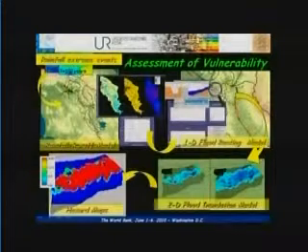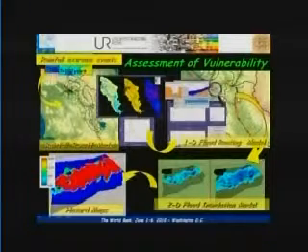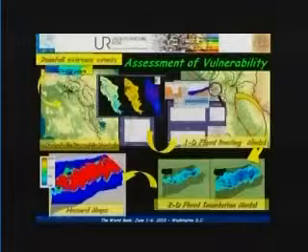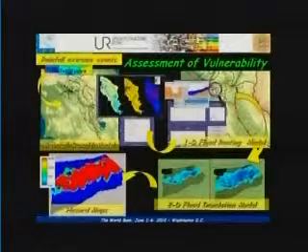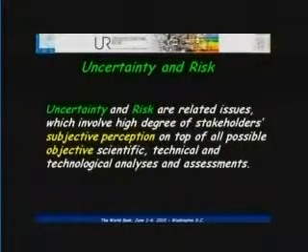Then through a one-dimensional model we will try to assess the flood at specific locations, and we will investigate where this flood can go beyond the dikes and flood the area. And at that point we will build two-dimensional models, possibly, to describe the flood inundation, and then put this on top of the vulnerability maps to get the flood risk map. We can see that uncertainty and risk are highly related issues.